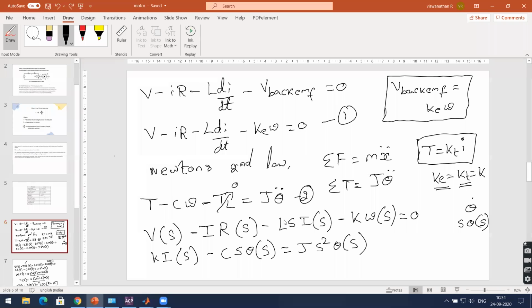Then taking it to the Laplace domain, you write both the equations. The torque can be written as kT into I. This constant and this constant are said to be equal, so it is equal to K.